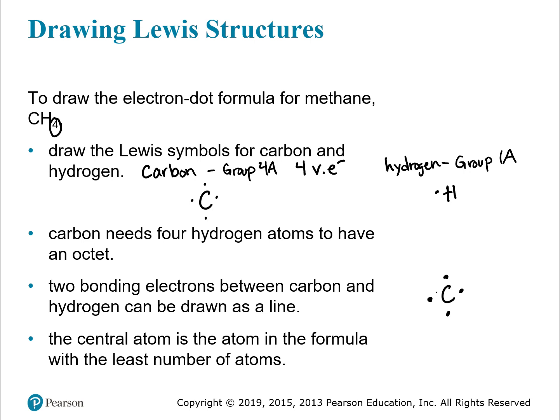So we've got 4 hydrogens and only 1 carbon. That means the carbon is going to be in the center. So if we draw in our electrons, that's what it's going to look like. And then we can replace those dots with single lines. And that is the Lewis structure for methane.